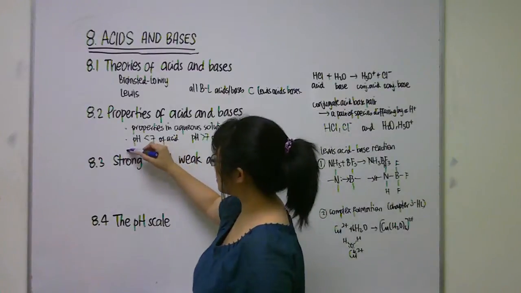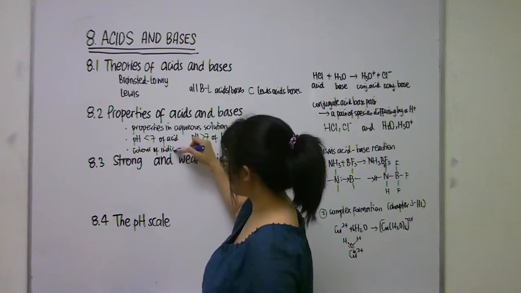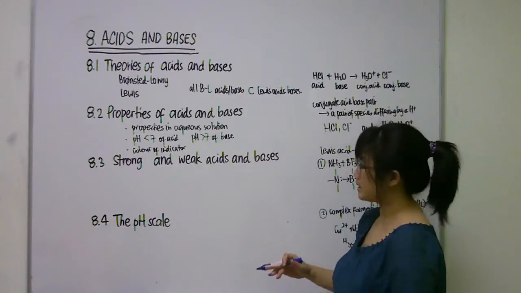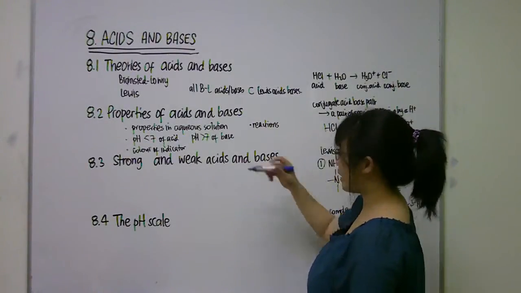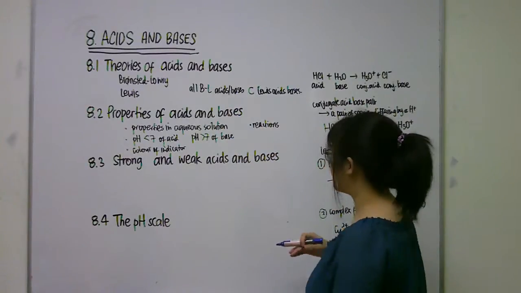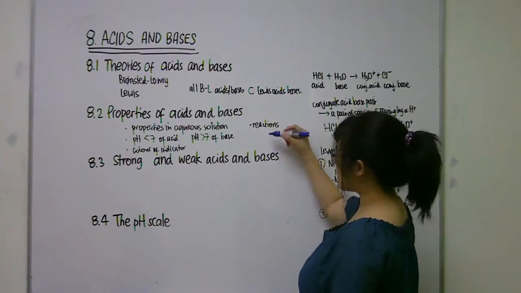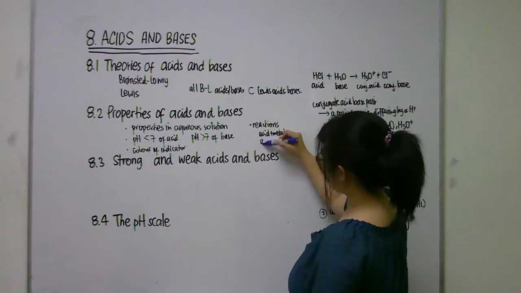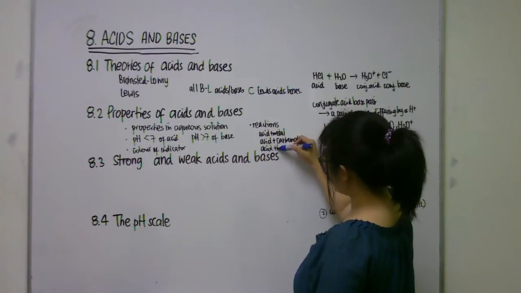And then you need to tell them about the color of indicators when acid is added or base is added. Okay, and the last one is reactions. This one they should have learned in earlier studies like O levels or IGCSE. So for reactions, you need to mention acid plus metal, acid plus carbonates, and acid plus base.